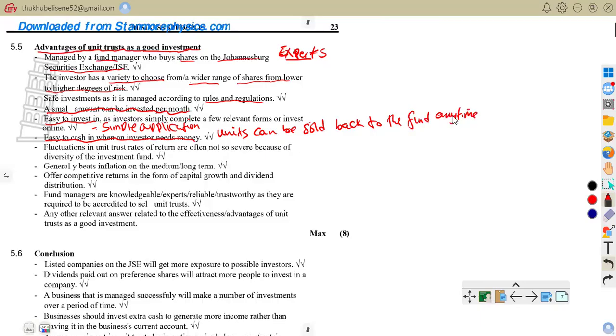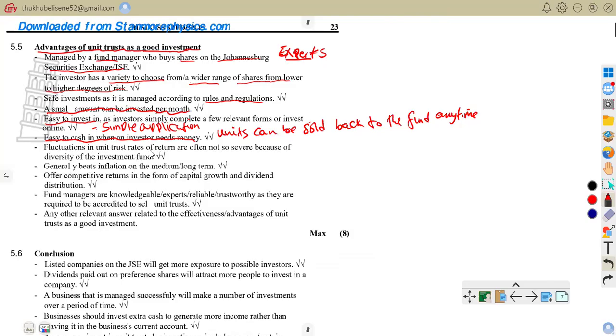That's what it means, whereby now we're saying it is easy for the investor to cash in when an investor needs what? Money. So that is that. The investor can draw money to pay school fees. That's what it means.